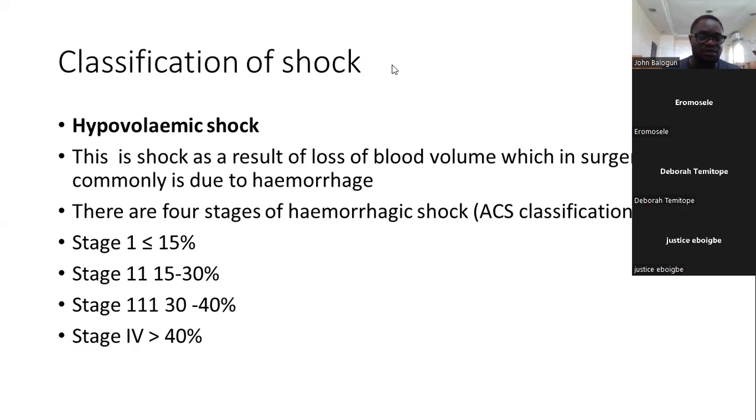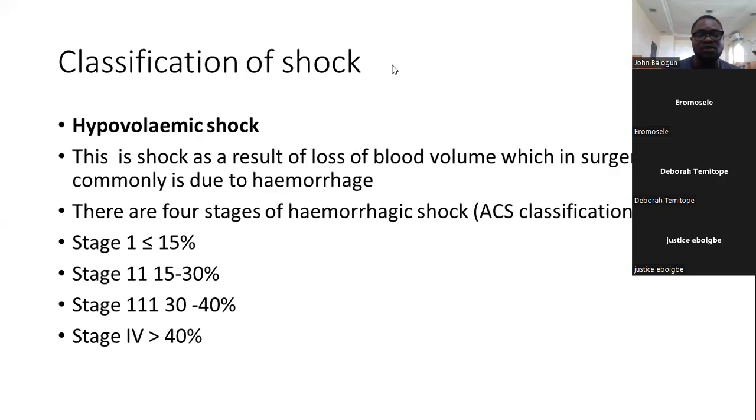Sir, please can you repeat the pulse rate and the systolic BP? For the pulse rate, stage 1 is usually within 100 and 120. They could pick one particular value within this range and give it to you. Stage 2 is within 120 and 140. They could pick any value within this range.